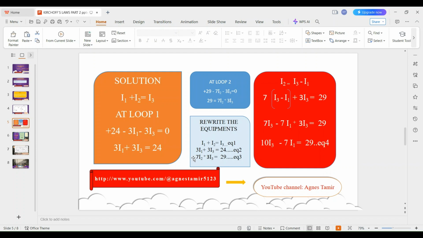Therefore, we have to eliminate or substitute one so that we can work with either I1 or I2. Let's work with I1.